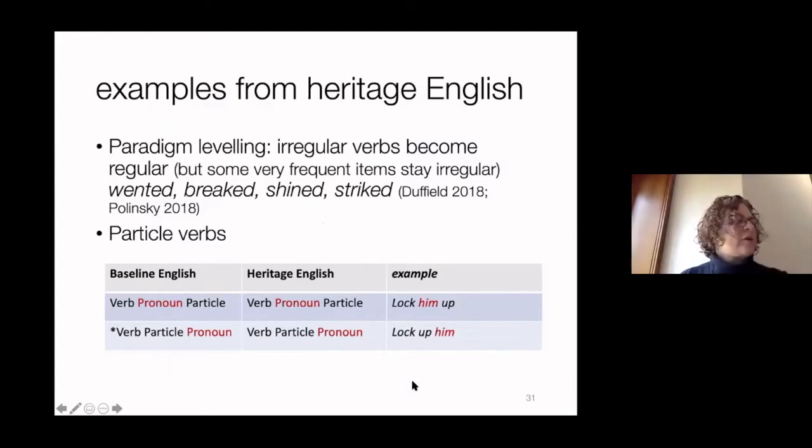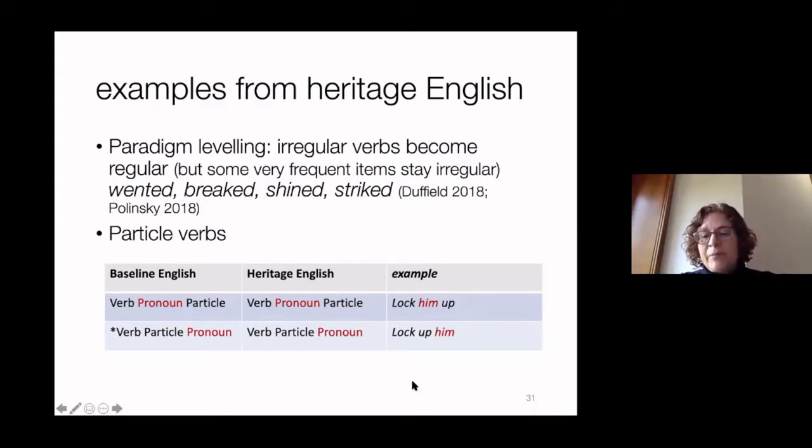Earlier, I showed you that Heritage English loses inverse aspects. So you can say, oh, you know, the system becomes more simplified. But in this case, with particle verbs, you actually see what could be considered an expansion of the system, where both verb pronoun particle and verb particle pronoun become acceptable. But again, this is not accidental.